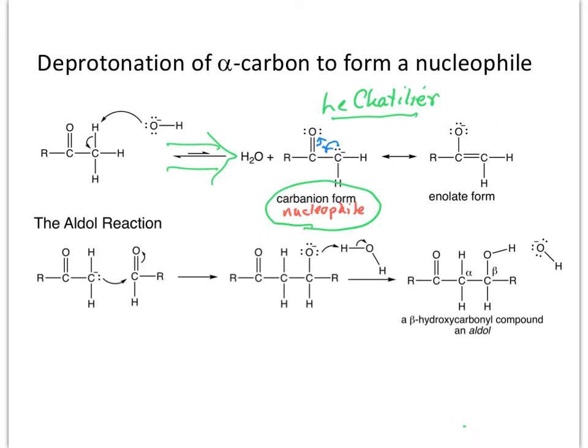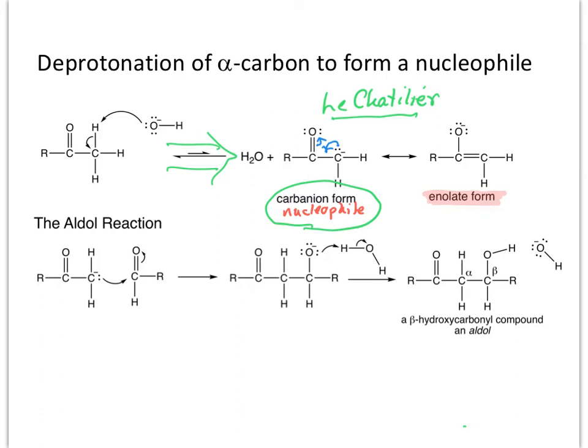And so part of the reason we can deprotonate our carbon next to the carbonyl is that the carbanion form is stabilized by resonance with this more stable enolate form, right? And so it is that enolate form that helps us accomplish the reaction we're accomplishing.